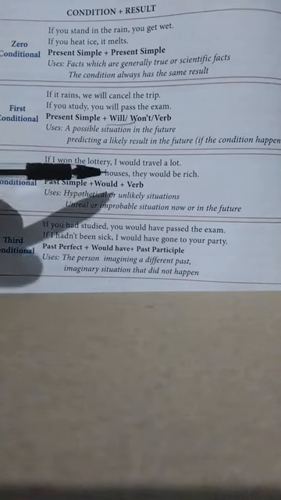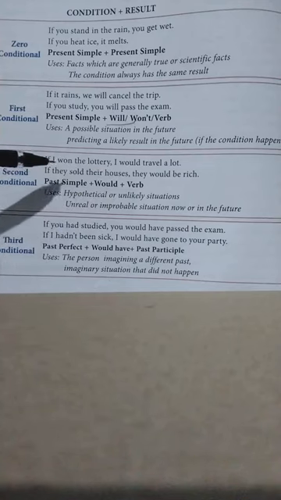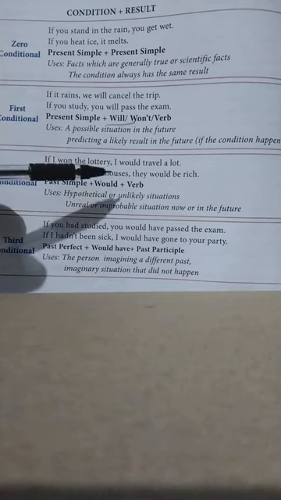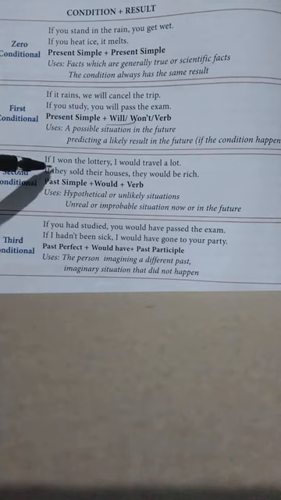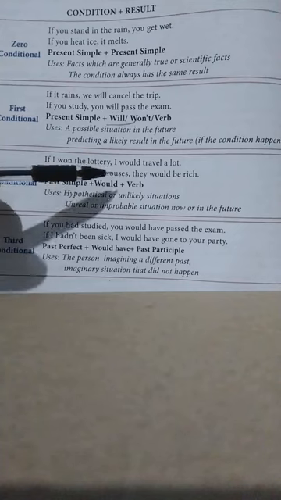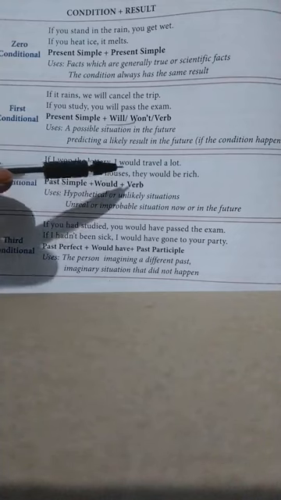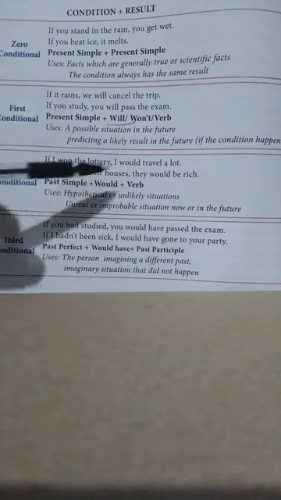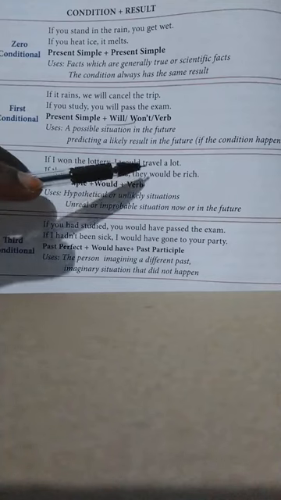We will move on to the example. If I won the lottery, I would travel a lot. See, in the if clause, the subject is I, what is the verb? Won, W-O-N, that is in the past tense. So in the main clause, what is the modal? Would. And travel, the verb, is in the present tense.